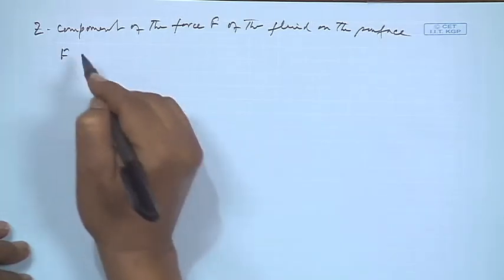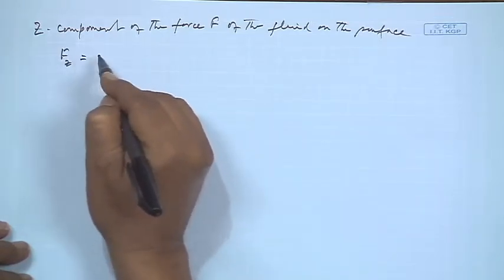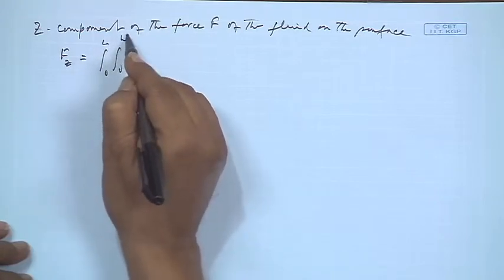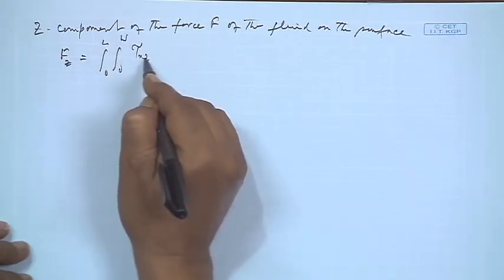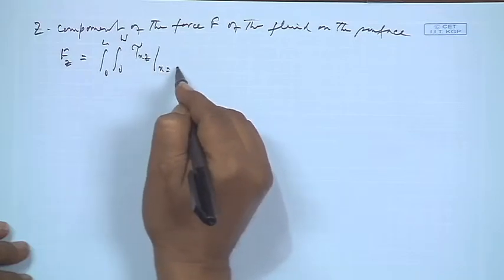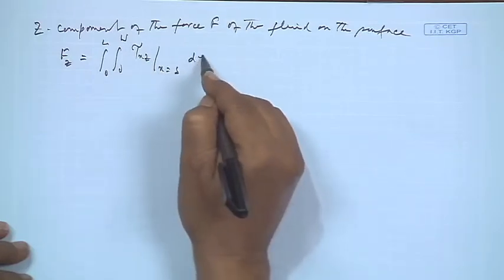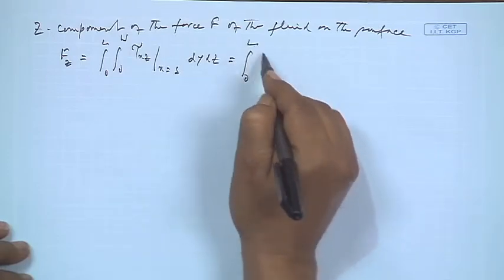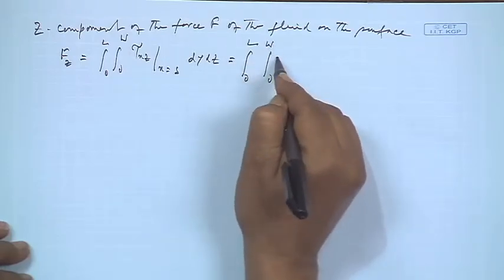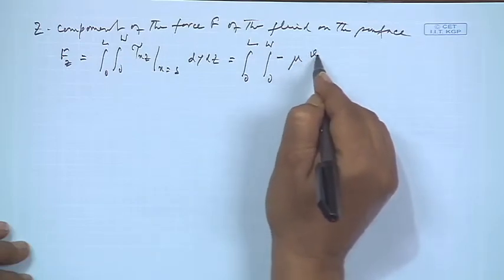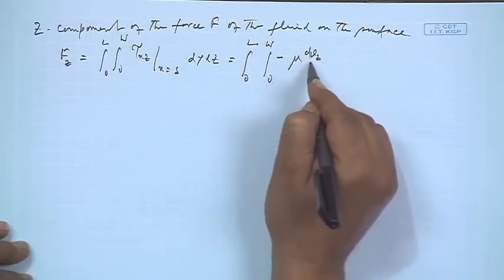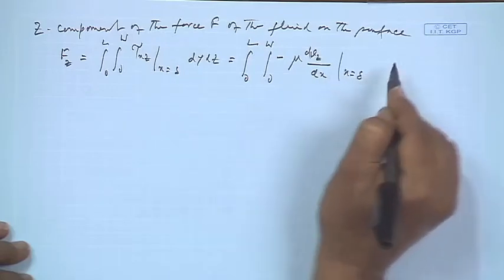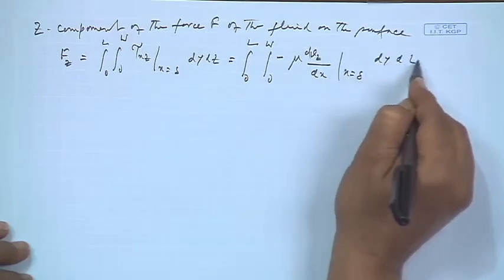It can be written as Fz equals the integral 0 to L, 0 to W of tau xz at x equals del, dy dz. This is the integral 0 to L, 0 to W of minus mu dVz/dx at x equals del, dy dz.